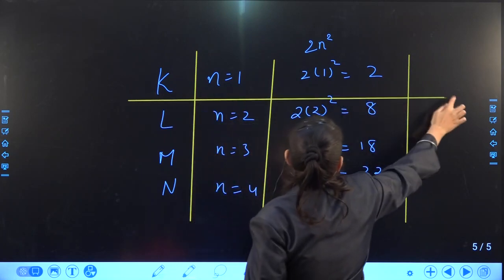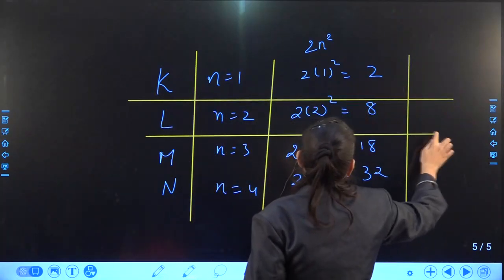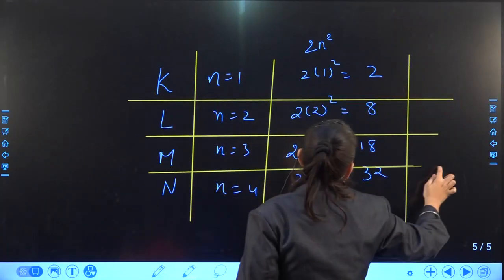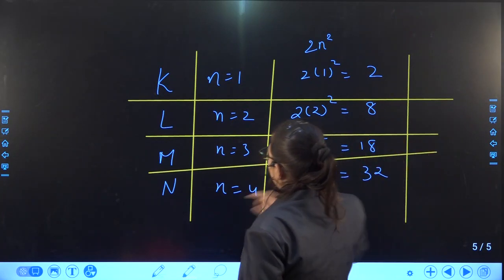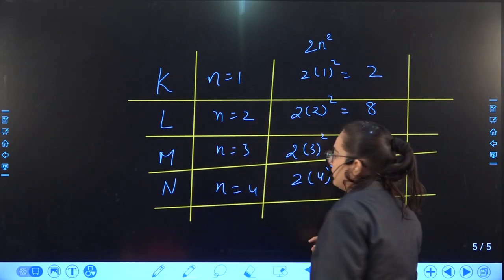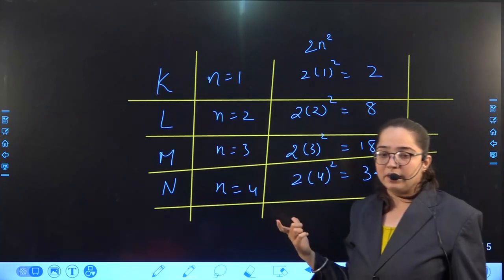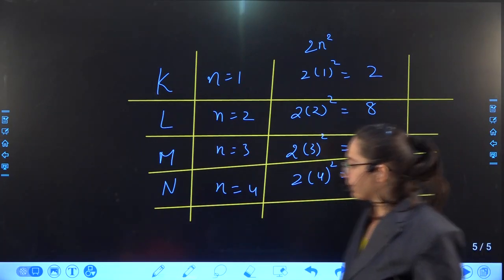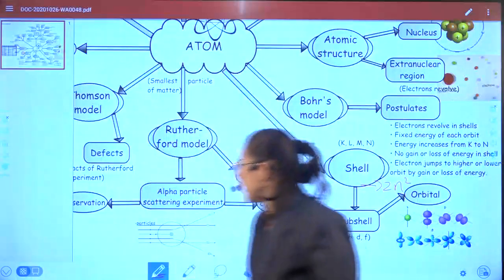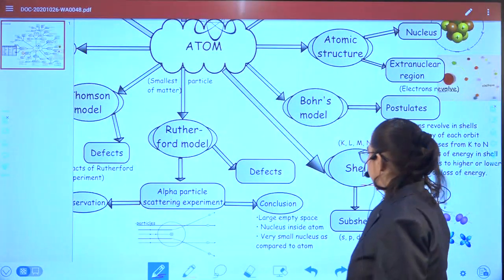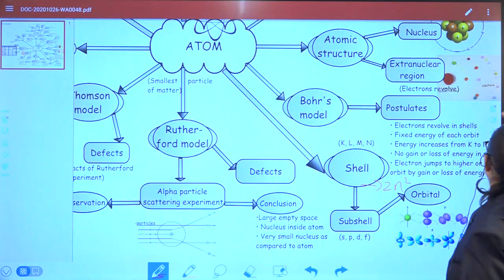This is for K, that is n equal to 1, L that is n equal to 2, M that is n equal to 3, and N that is n equal to 4. Now let's move further on the next concept.